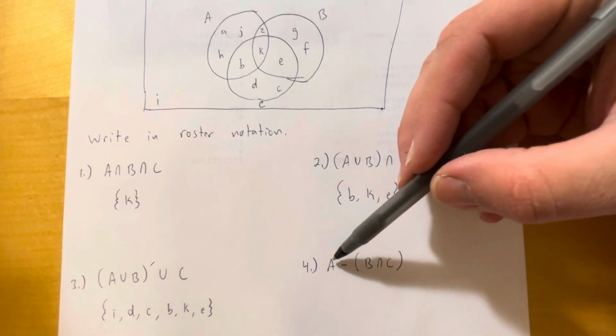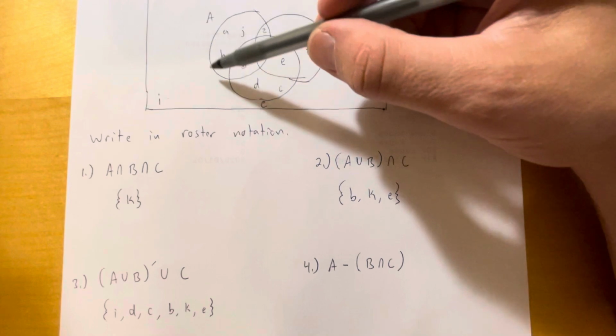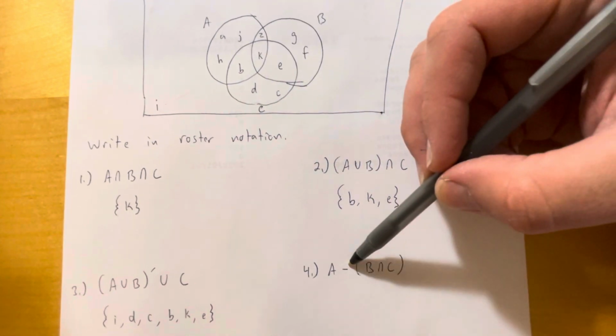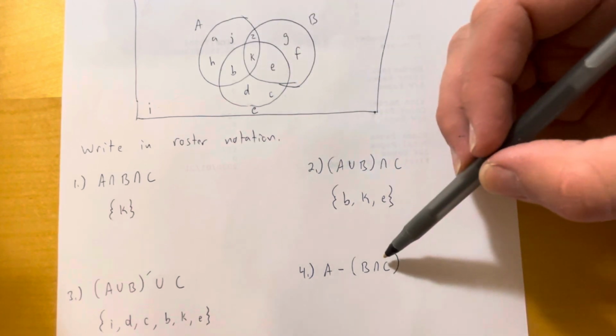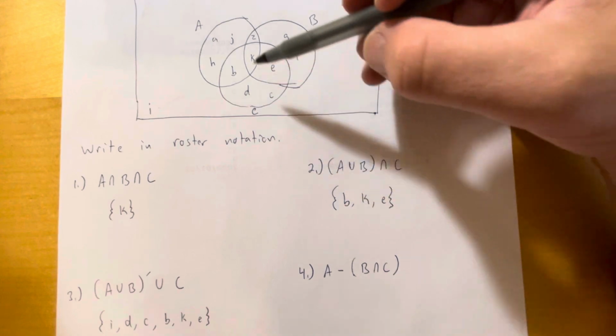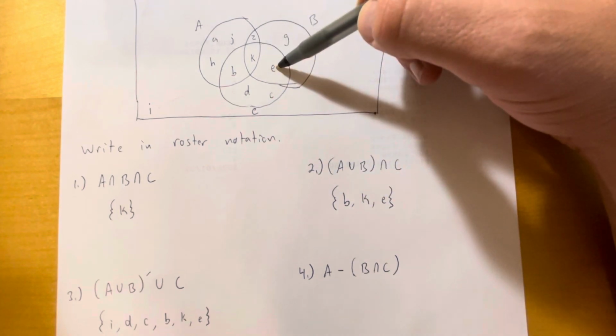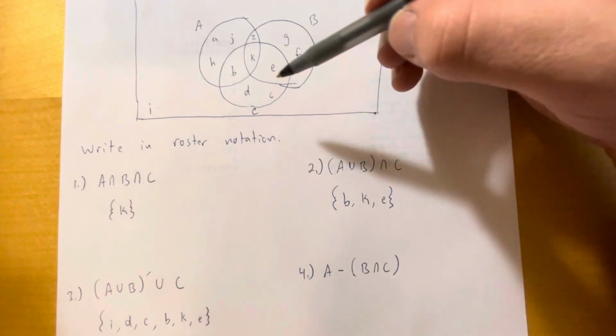Now, if I want to take the set difference, A minus that, then essentially what I'm doing is I'm taking the entire set A, and that minus there is telling me to remove any elements in A that also belong to this set B intersect C. So remember, the intersection of B with C was this set. It had K and E in it. E is not in A, so we're going to just disregard it completely.